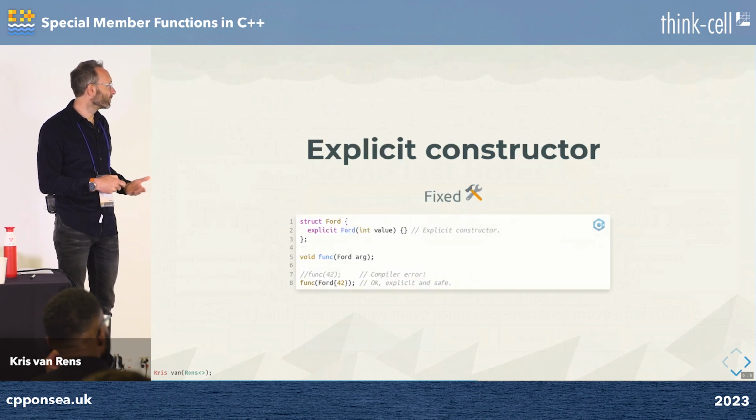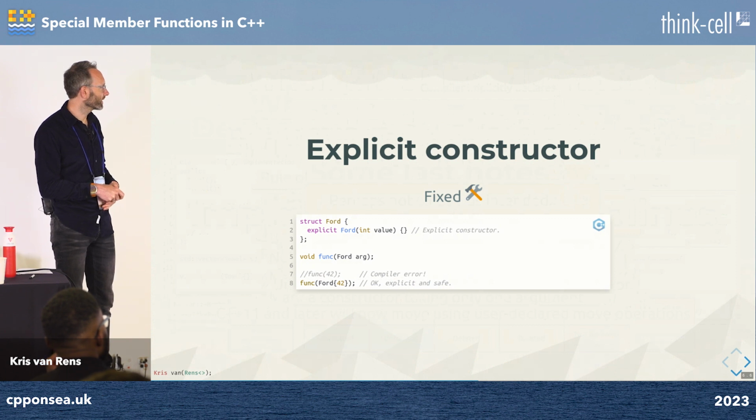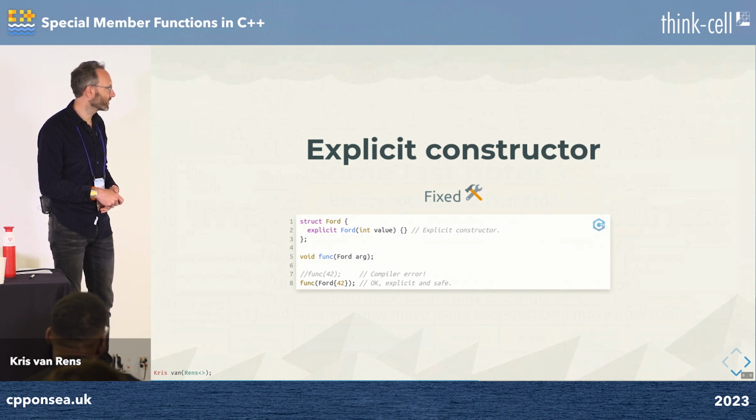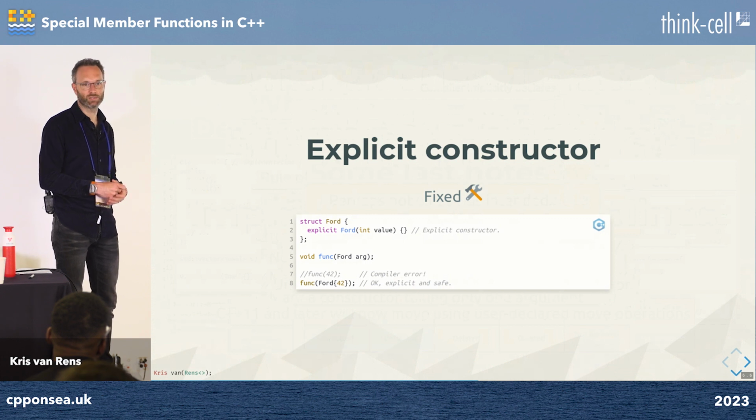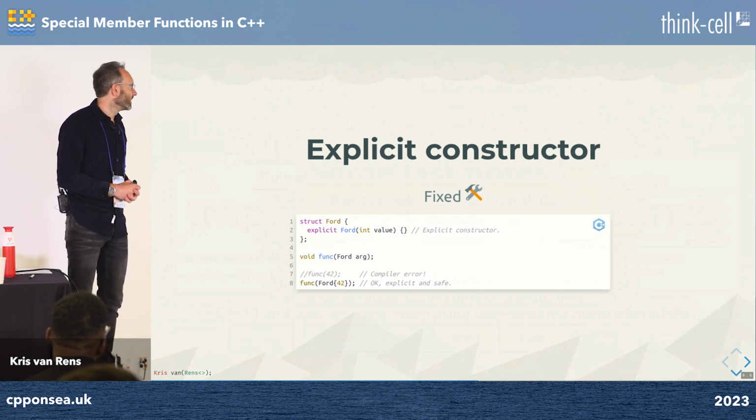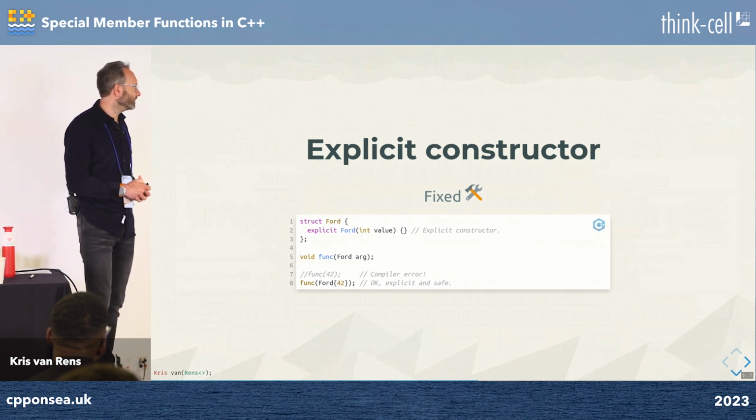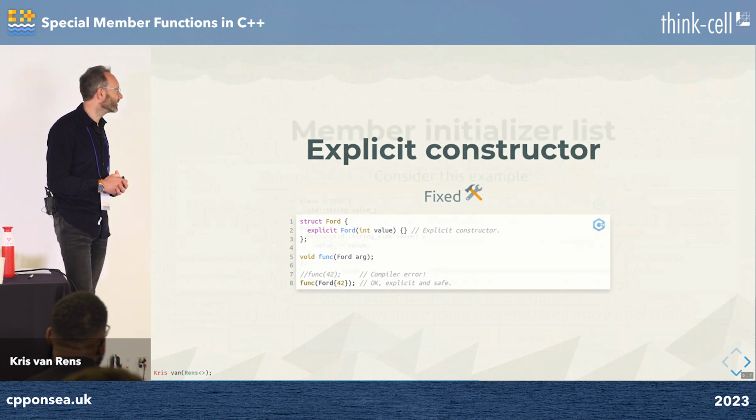And I like the more explicit case like this. So we make the constructor explicit, and now this will not be accepted anymore because it's a signed integer and not a type, and now this. Right, so we basically force everyone to use it.